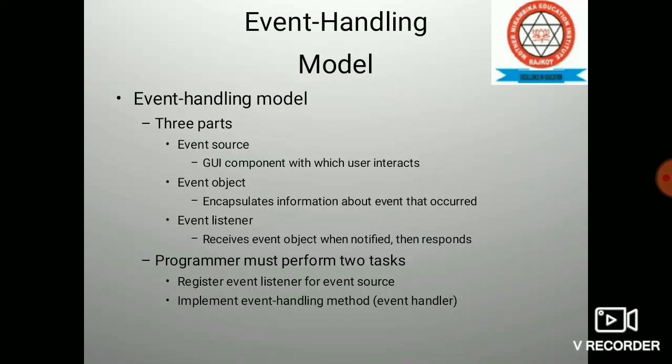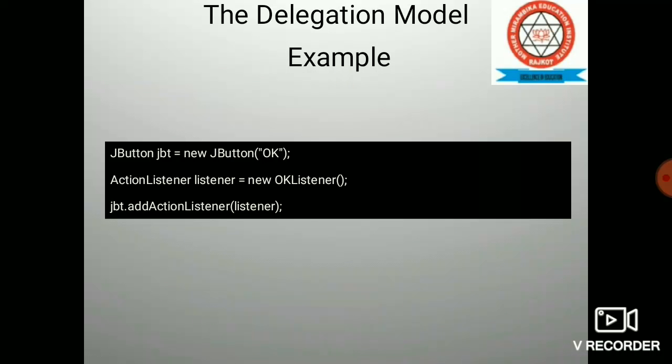The programmer must perform two tasks. First is to register event listeners for the event source, and second is to implement the event handling method that actually has the code of what to do when a particular event fires. Here one example is given. The JButton class is created and the object jbt is declared.